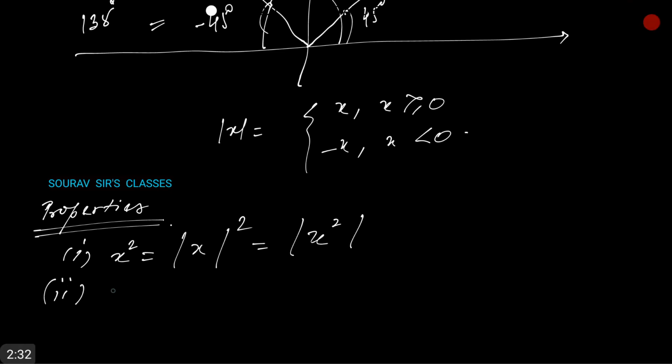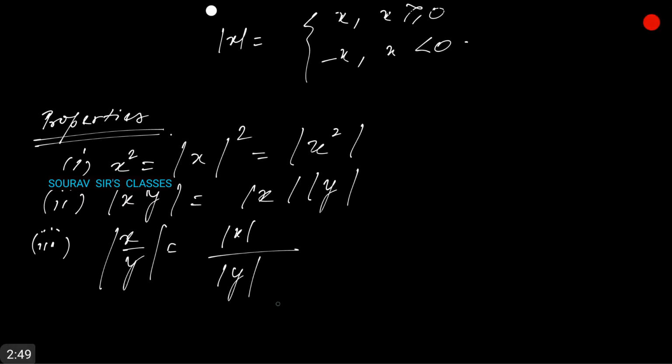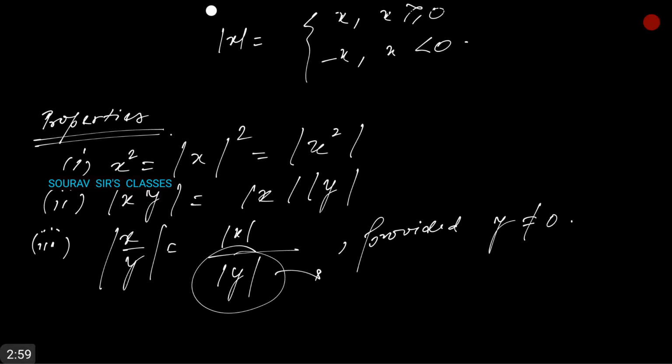Property number 2 is modulus of xy is equal to modulus of x into modulus of y. Now modulus of x by y is equal to modulus of x by modulus of y, provided y is not equal to 0, because of course this won't be defined if y equals 0.